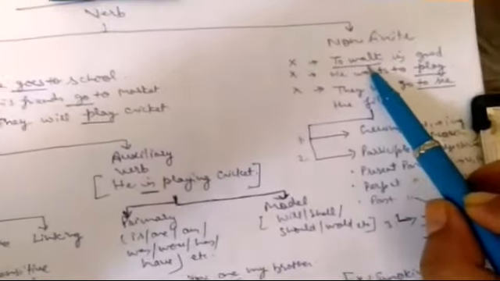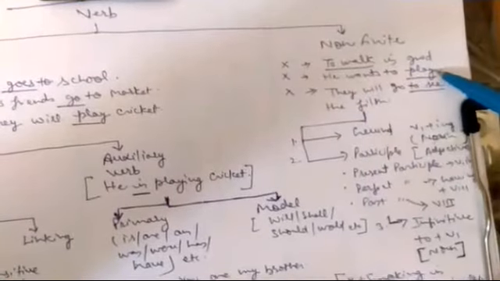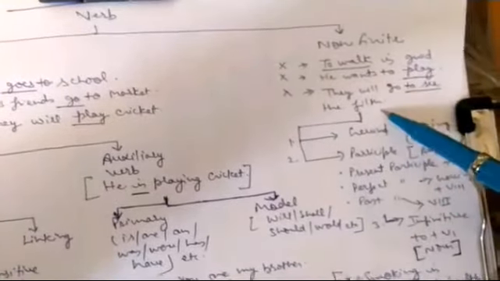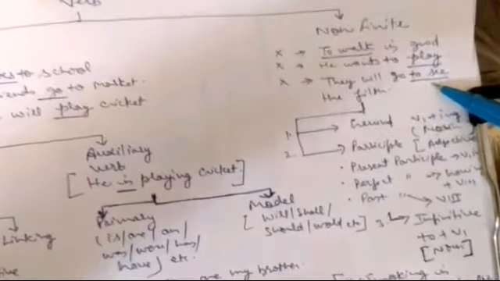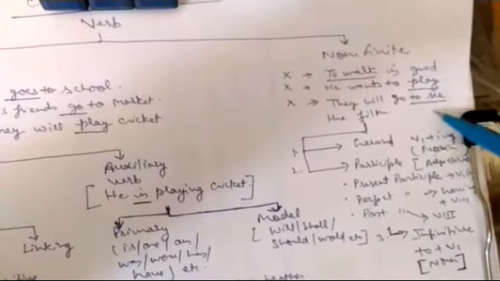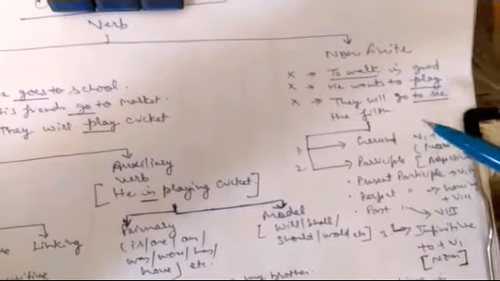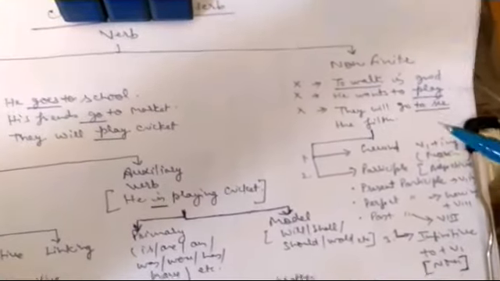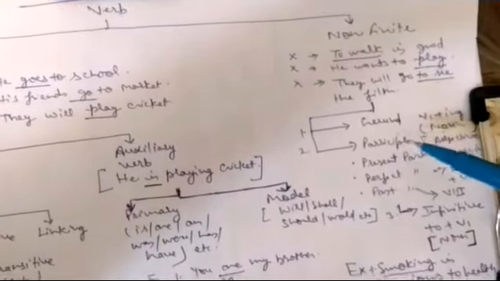Okay, you can see here: he wants to play, he will go to see the film. All these are forms of infinitive. So non-finite works as a noun or an adjective. It does not indicate time, number and person. So it is further divided in three parts.